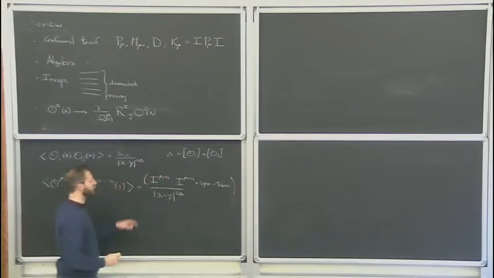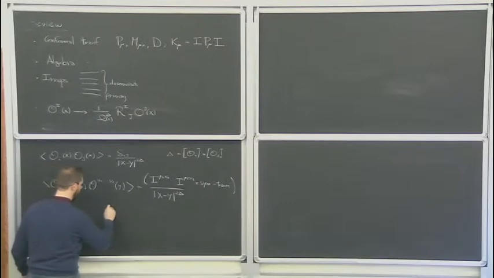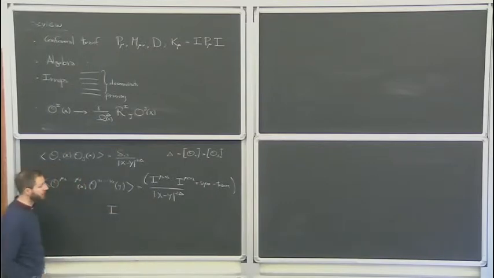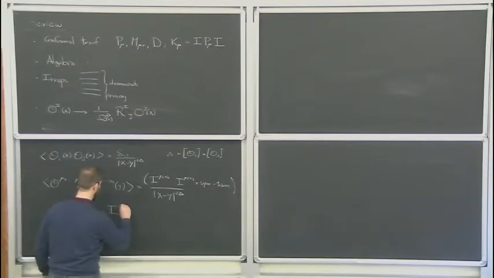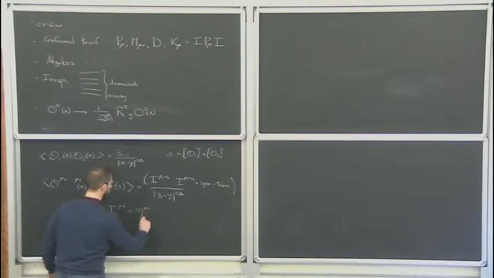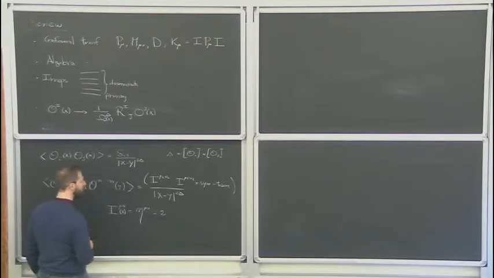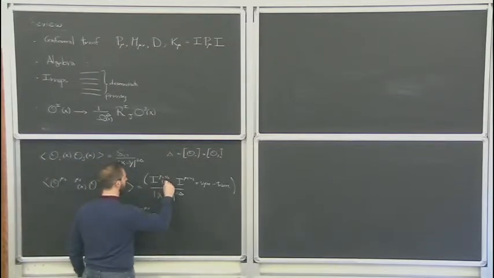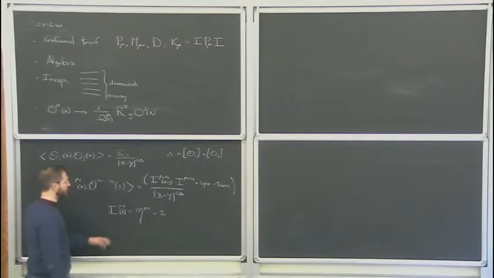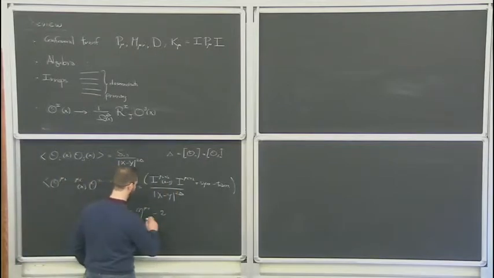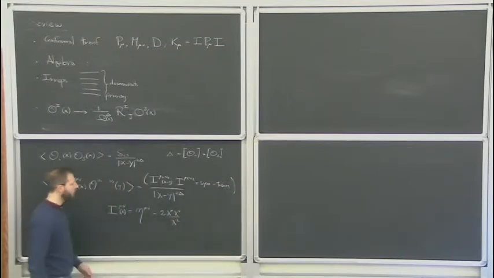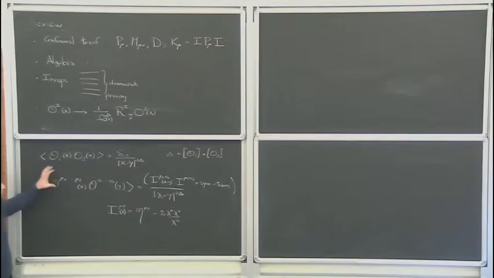And this tensor here, I, is called the inversion tensor. I_{mu nu} is basically the metric eta_{mu nu} minus 2 x_mu x_nu divided by x squared, as a function of x, and this is a function of x minus y. Okay, so this is a very powerful statement.